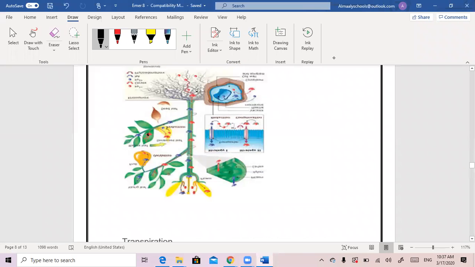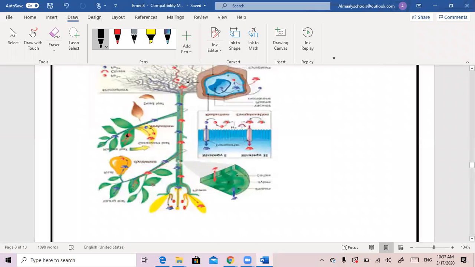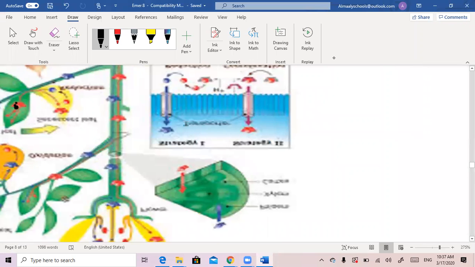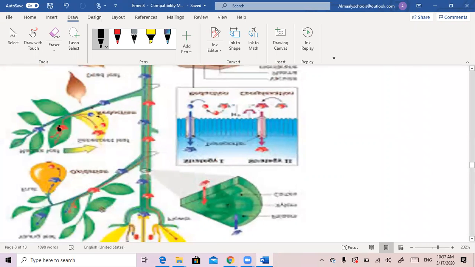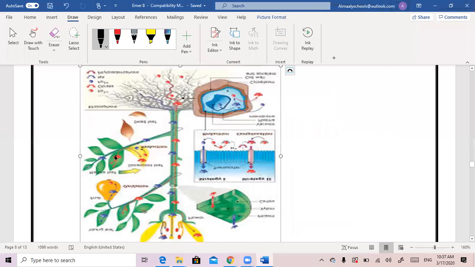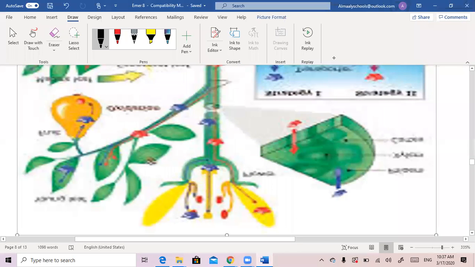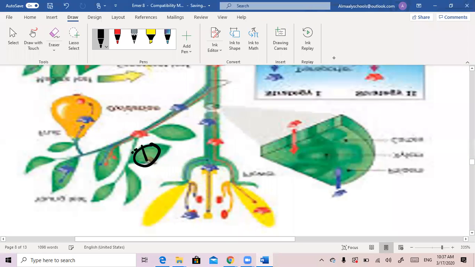Here, Abdurrahman, the mesophyll. Do you see it well? This is the leaf here. If you cut a section here, you get the mesophyll. The mesophyll has the palisade and the spongy layers. You remember?